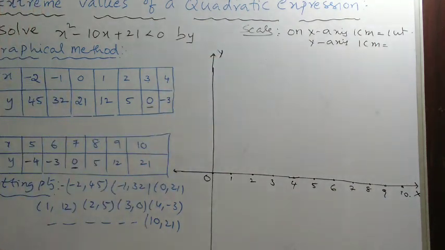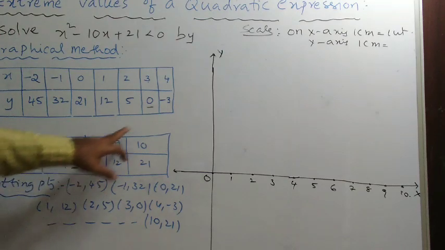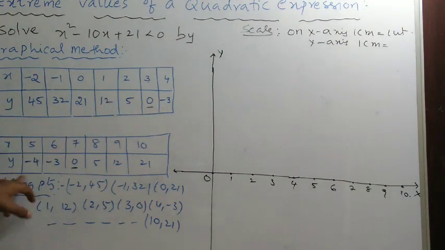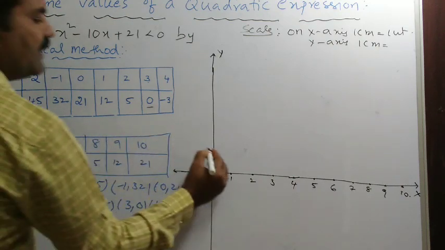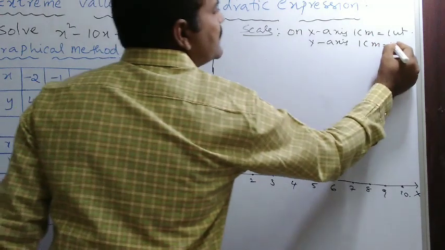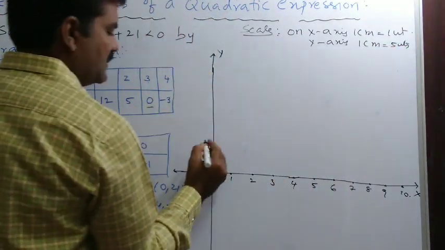Now look at the y-axis, especially what is the scale? On the y-axis, the least one is minus 3, whereas the highest one is 45. That means it is better to consider 5 units, 1 centimeter is equal to 5 units.